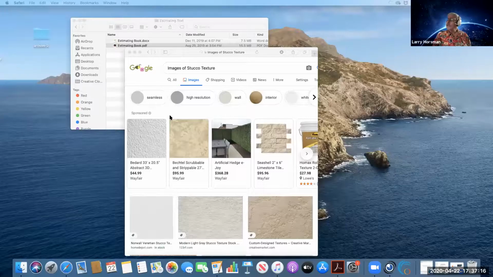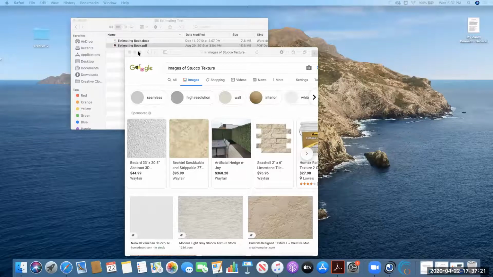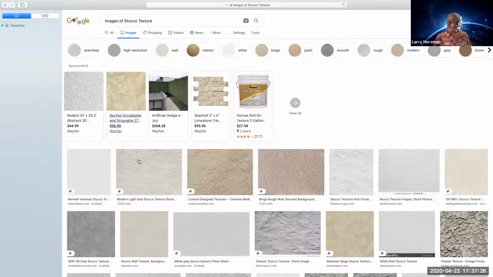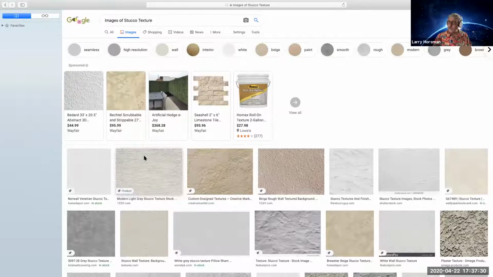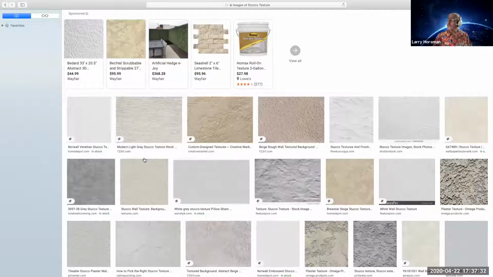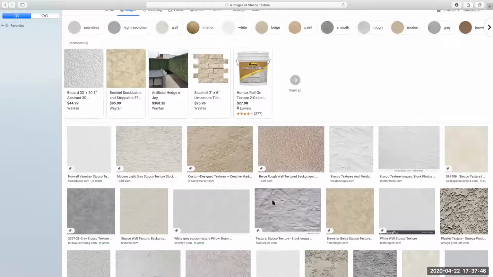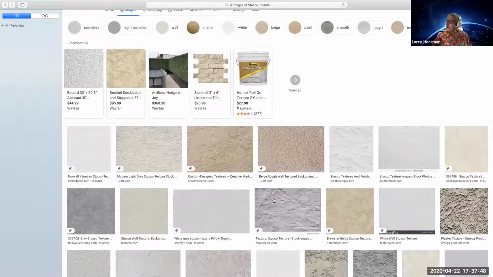Can you see this image of a stucco texture? Yeah. This is where the big changes in cost are. For that color coat, they also have some special finish materials that are very expensive, like $50 for about 100 square feet. They have all kinds of different textures that you can put on.